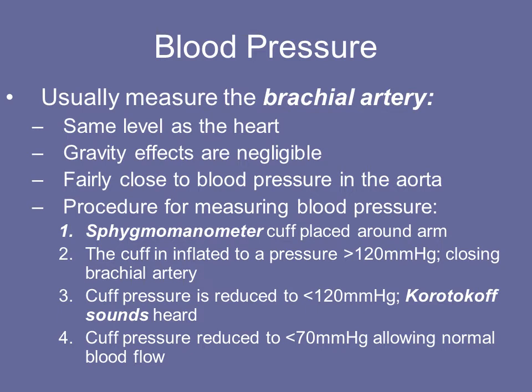And then you slowly release that pressure until you hear the sounds. The first sound will be that upper number. You continue, the last sound will be the lower number. And by the time you have released the pressure on the cuff to less than about 70, you should have normal flow through that artery.